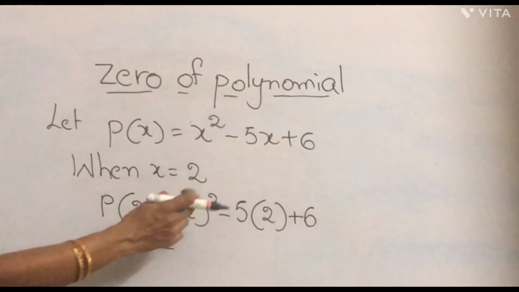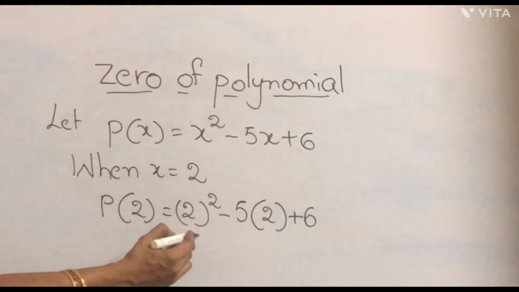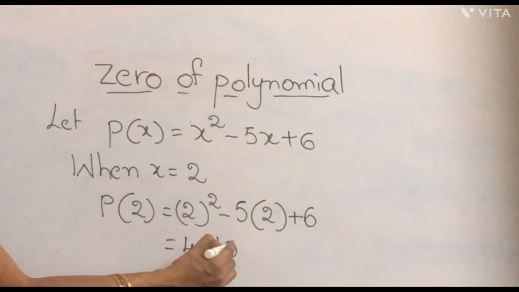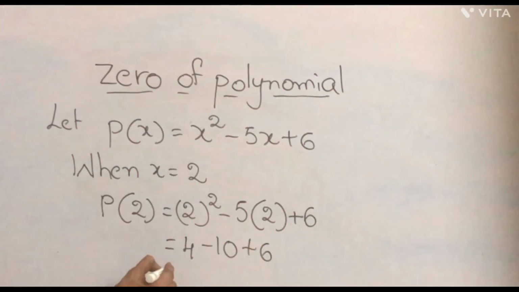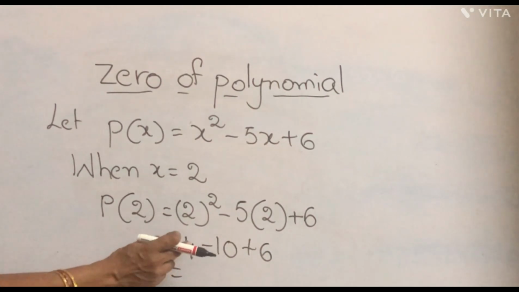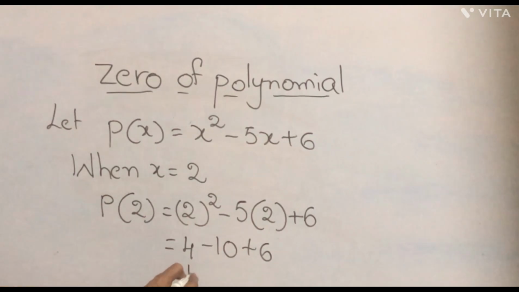2 square means 2 multiplied by 2; 2 twos are 4, 5 twos are 10, plus 6. 6 and 4 have the same sign, that is plus, so 6 plus 4 is 10. 10 minus 10 is 0.